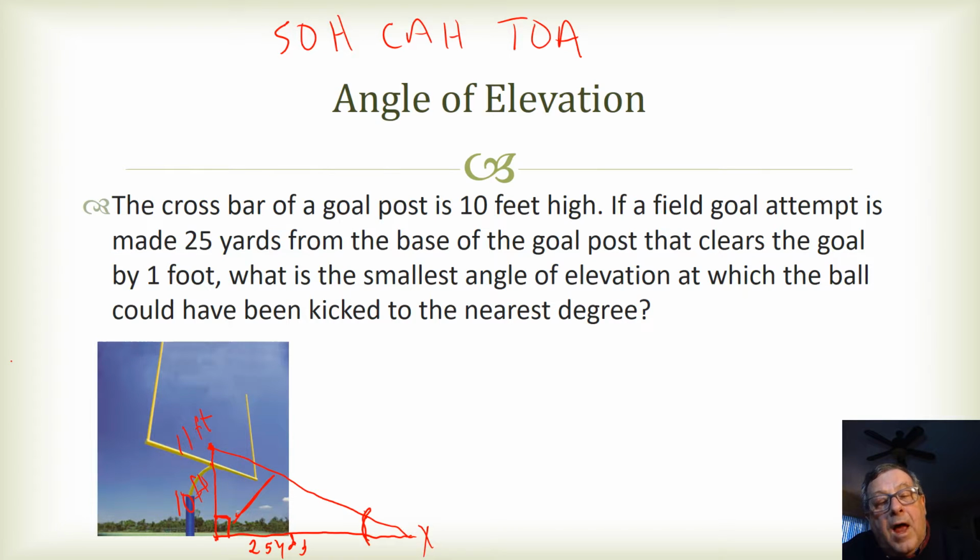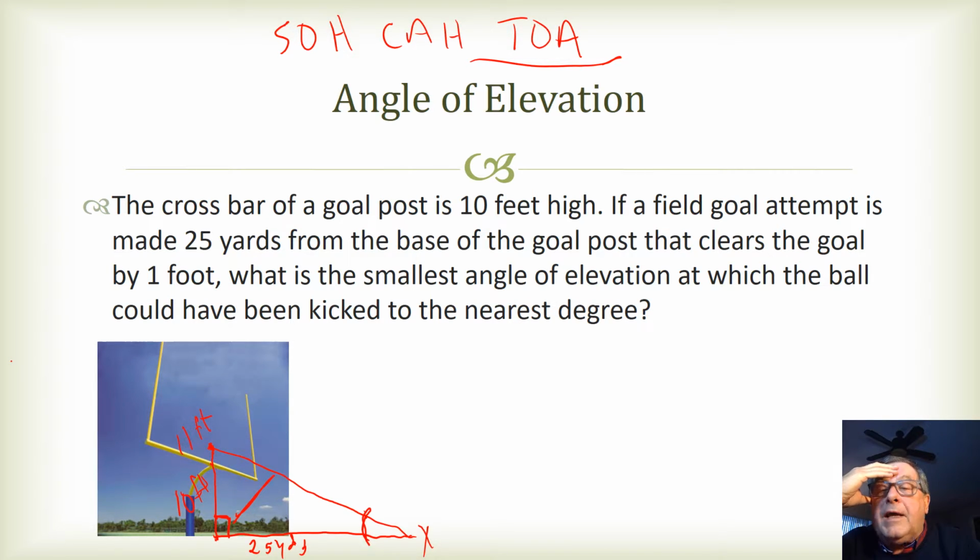The height where the ball is going to clear the goal is opposite, and the horizontal line running from the field where the kicker is going to kick to the goalpost is 25 yards. And so I can see opposite over adjacent. Well, I'm going to use some kind of tangent function.